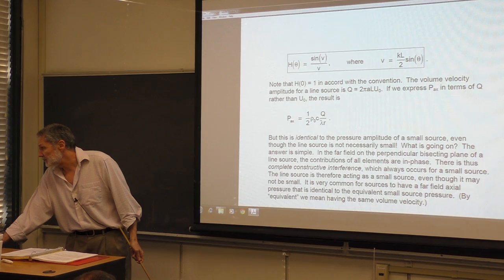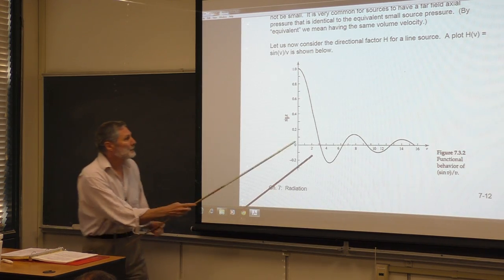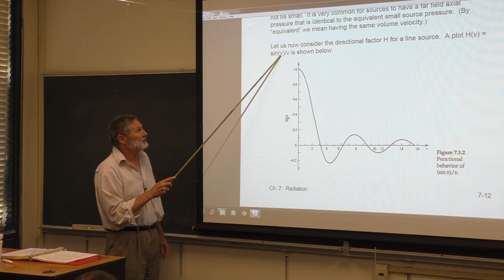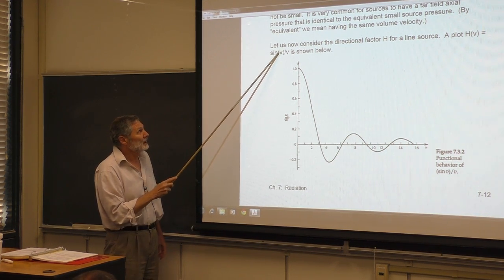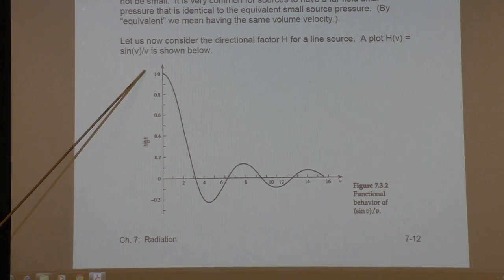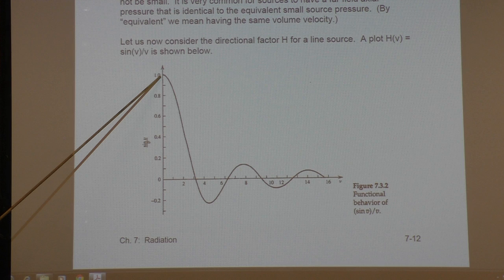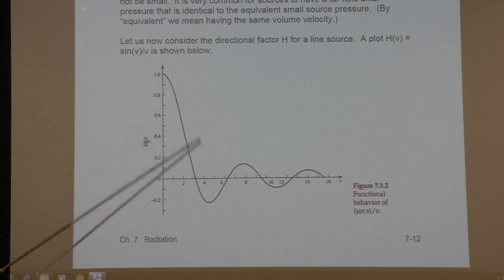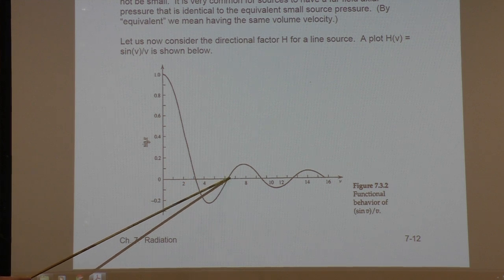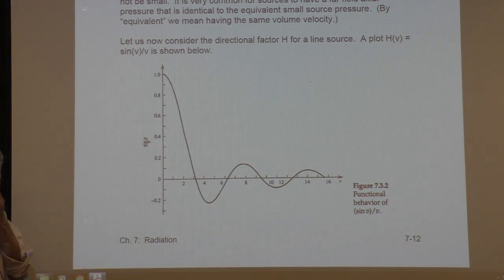We can have nulls at these values of V here. And you know what they're going to be. It's going to be when V is equal to pi. Now, not 0. The sine of 0 is equal to 0, but the sine of V over V, in the limit as V goes to 0, is not 0, it's 1. But these are going to occur for V being pi, 2 pi, 3 pi, etc.